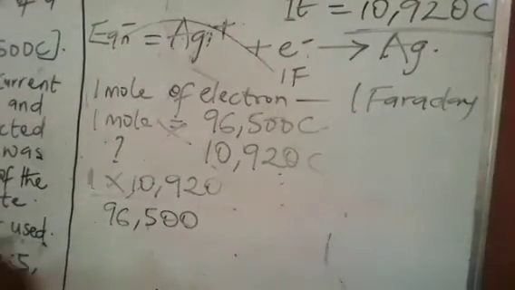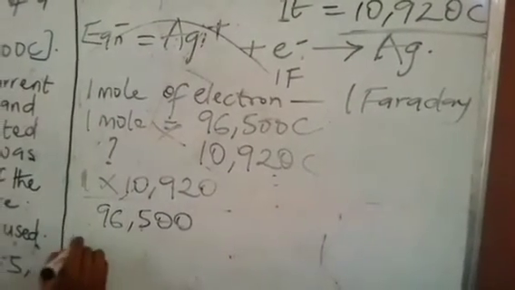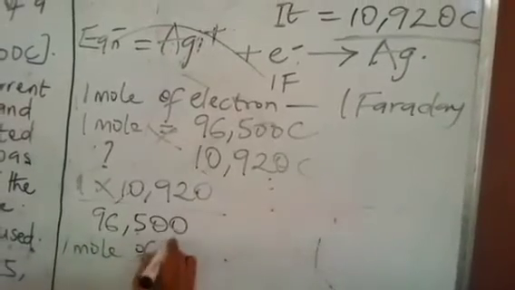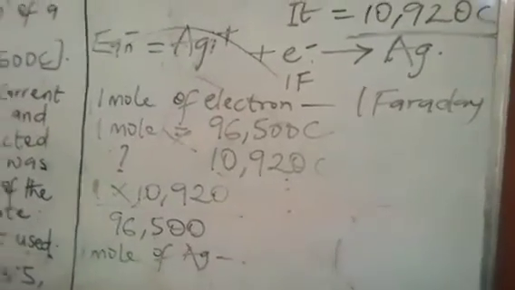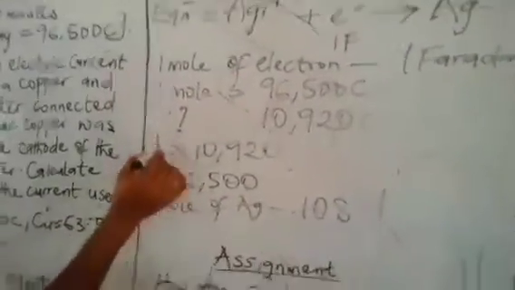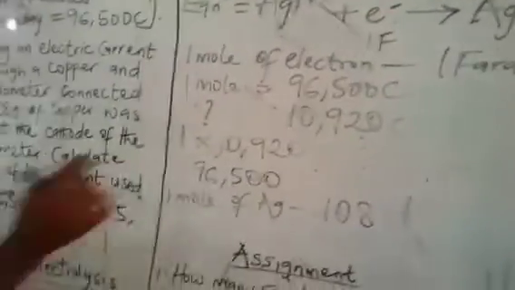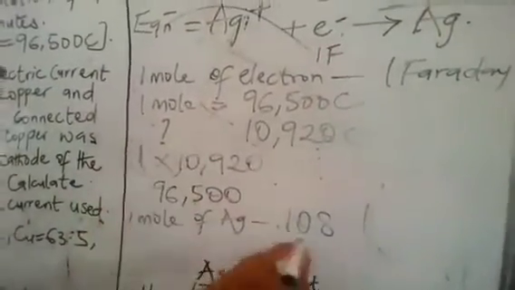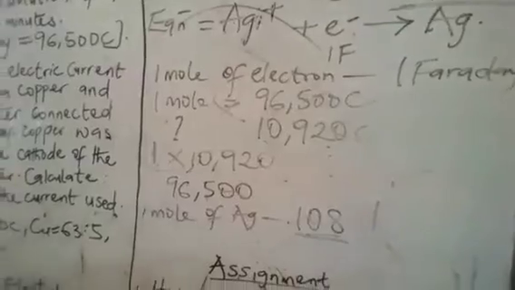Remember that 1 mole of silver is the same thing as 108. So definitely, here that we have a value of 1 mole, if we replace this one with 108, we will not be wrong.